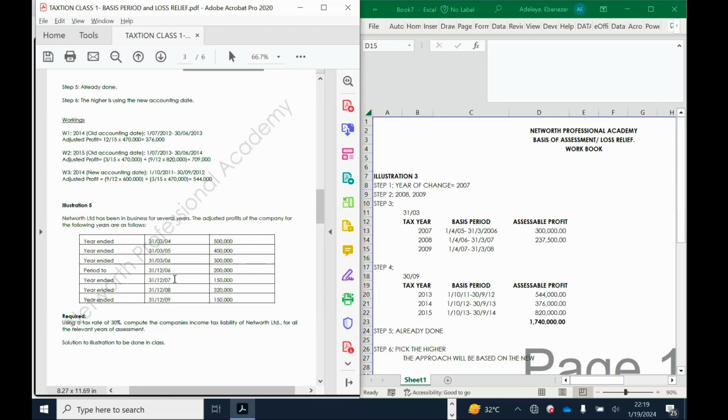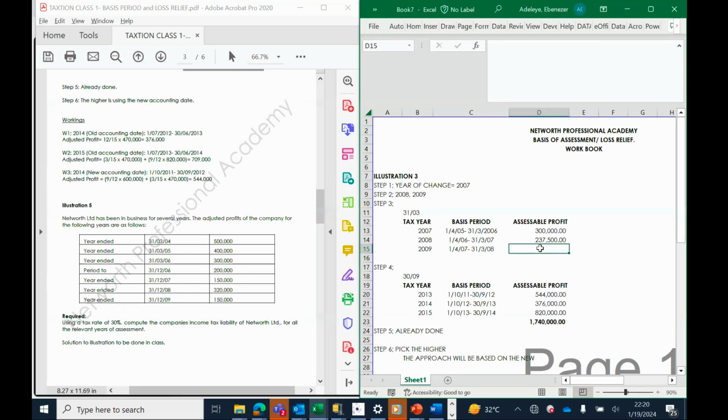For the third one, 1st April 07 will be before this and it will end here, right? So from 1st April 07 to 31st December 07 is how many months? 9 months.